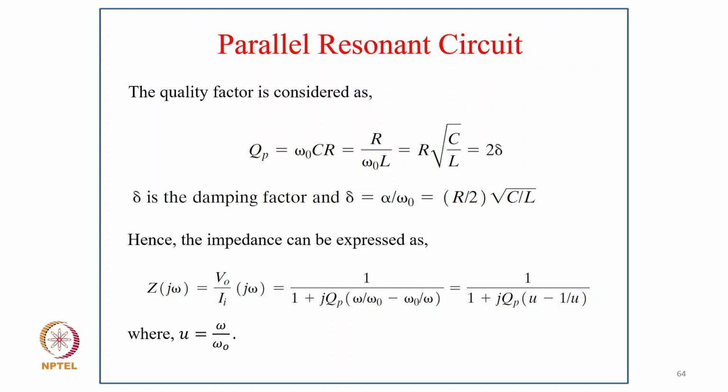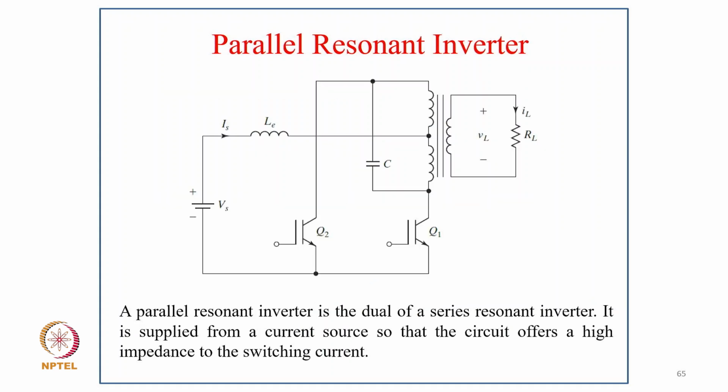The impedance can be expressed as Z = Vo/I = 1/(1 + jQp(ω/ω0 − ω0/ω)) = 1/(1 + jQp(U − 1/U)), where U = ω/ω0.